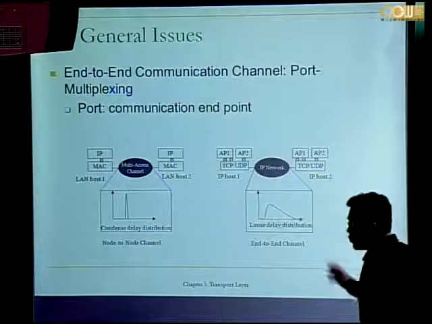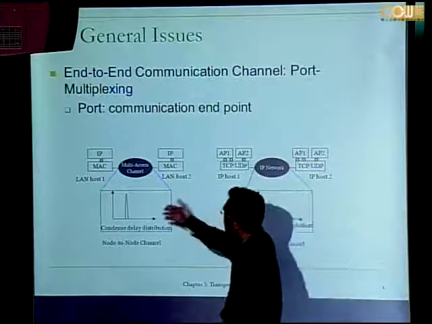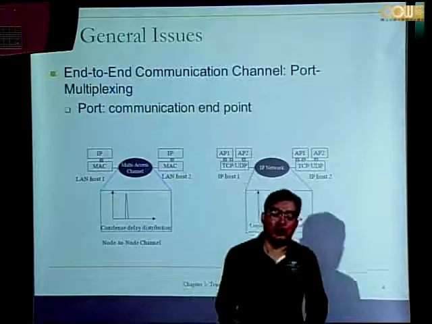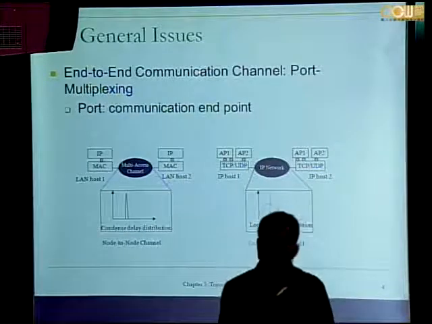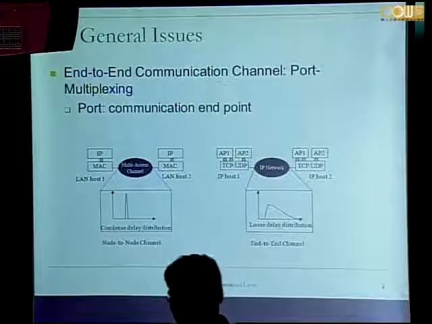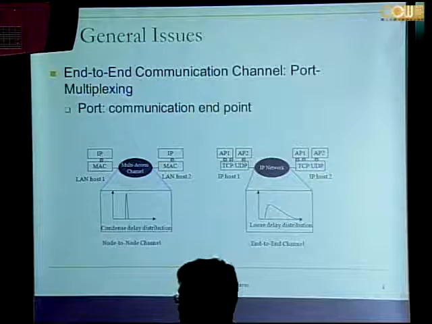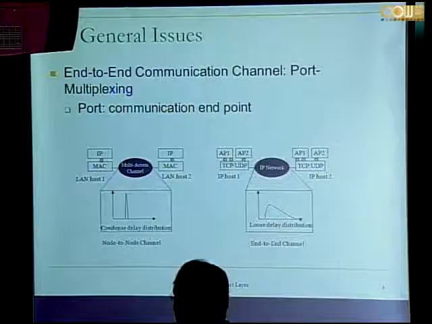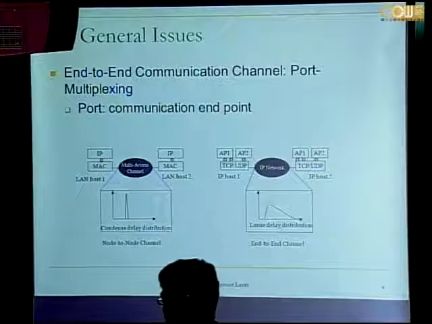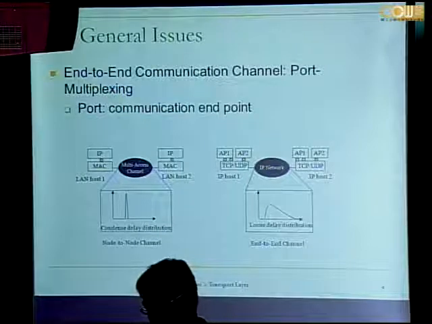How about flow control? I just mentioned that for this kind of dense delay distribution, the link layer window control would use a fixed window. But in the transport layer, you would use a dynamic window. The window can grow or shrink.